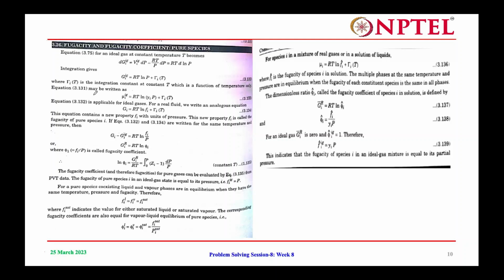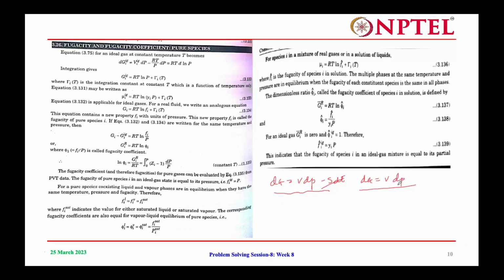So for a reversible change occurring in isothermal conditions, you know the relation dG equal to V dP minus S dT. Now the reversible change occurs at isothermal conditions, so the temperature term gets cancelled. So dG equal to V dP, right?